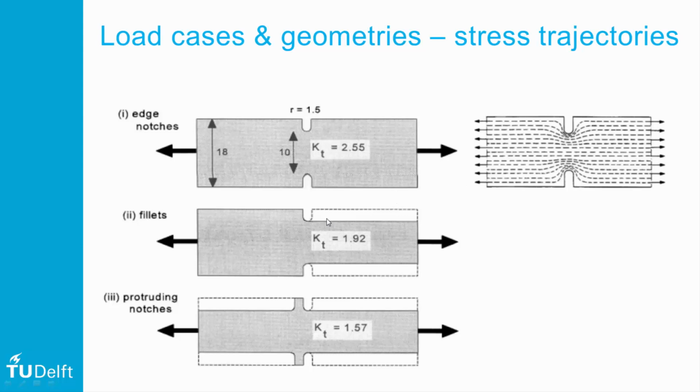So hence removing this part of the material, we effectively bring down the stress concentration factor. If we then also remove material further upstream, then we can bring down the stress concentration even further, simply because less stress is concentrated at the notch root. So we can play with the geometry in order to change the value of the stress concentration factor.